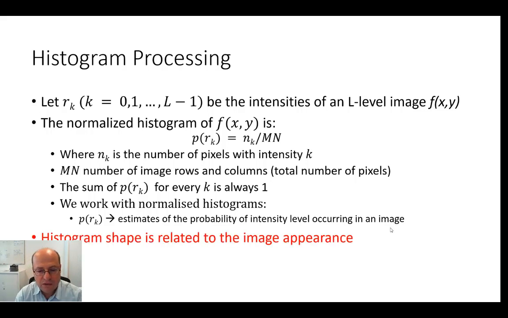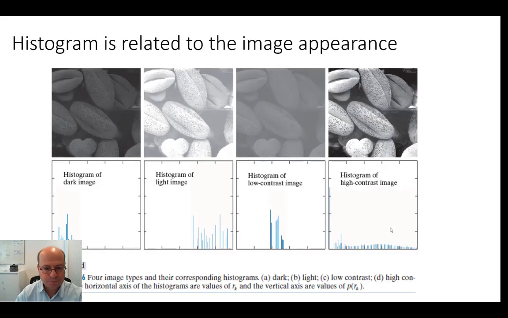The reason behind studying histograms is that the shape of a histogram is related to the image appearance. You see that a darker image has the histogram all concentrated on the left half, where the values are only darker pixel intensities, whereas a bright image has mostly high values of pixel intensities.